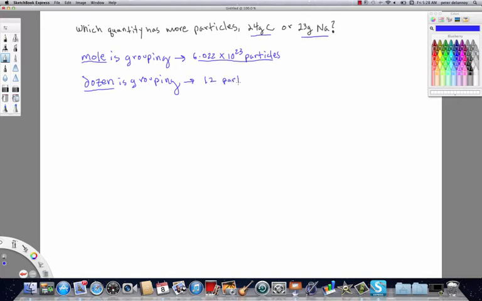I'm just going to say it's 12 particles, but it could be 12 of anything: particles, cars, apples, oranges, and on and on. And literally though, we can apply the mole the same exact way if we want to.